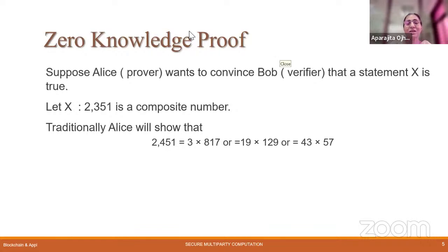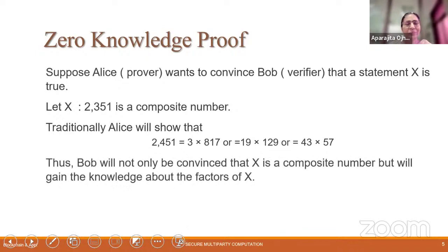So traditionally, Alice will show that 2451 is equal to 3 into 817, or 19 into 129, or 43 into 57. But then Bob will not only be convinced by verifying that X is a composite number, but will also gain knowledge about the factors of X.